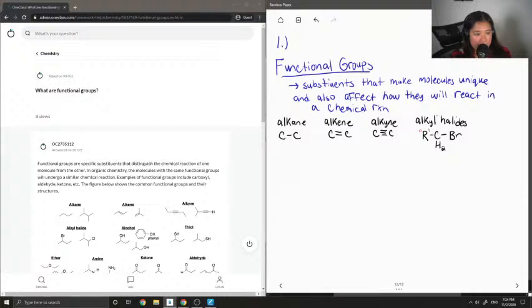After alkyl halides, you could have alcohols. So again, I'm just going to do R just to signify another carbon group. And alcohols are when you have an OH. Similarly, you can have a thiol, where instead of oxygen, it's sulfur.